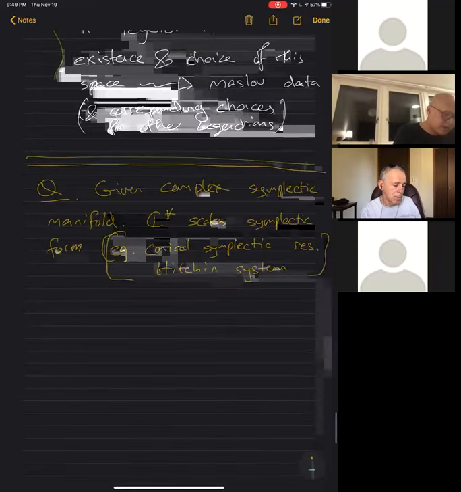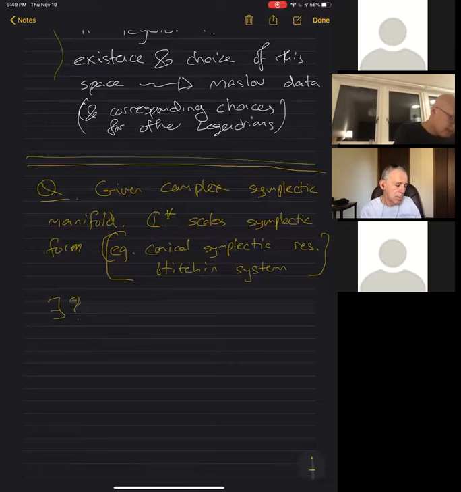So the question is, given such a thing, does there exist an embedding into some cosphere bundle?